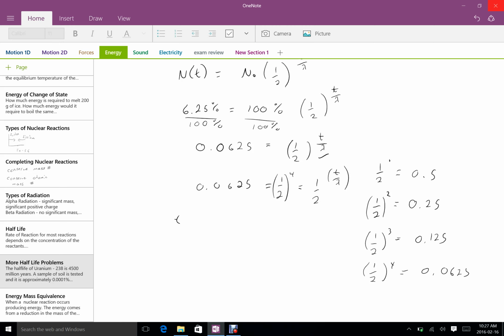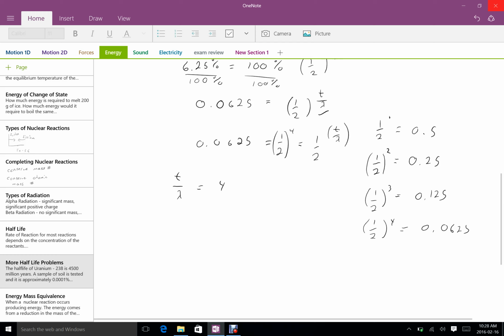So t over half-life is equal to 4. This works because I chose 6.25% carefully as a power of 1/2. If it wasn't, you would just keep going until you went past it, and then you'd have to estimate to some extent, or learn about logarithms. Anyway, so my time is equal to 4 of my half-lives.